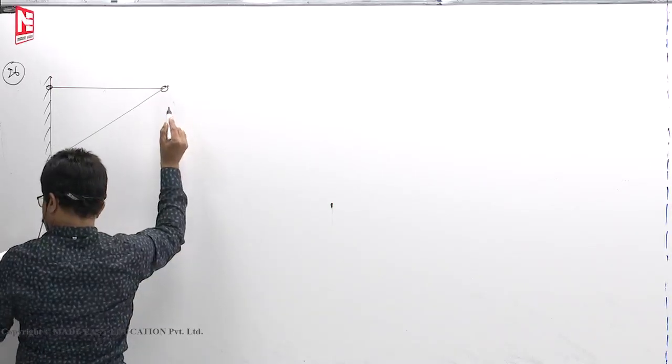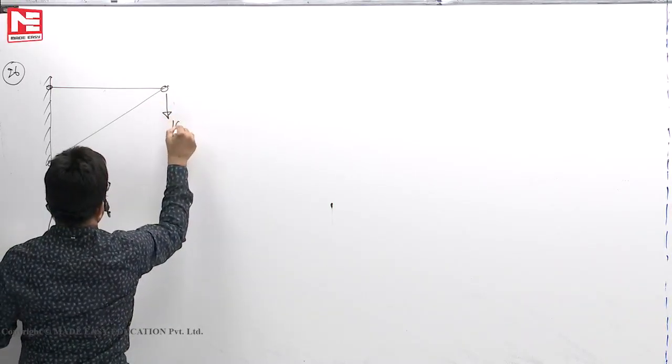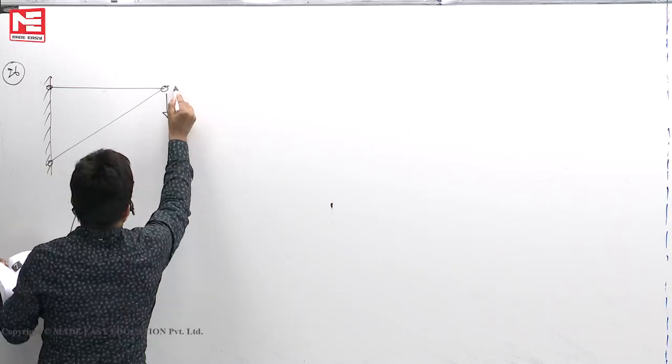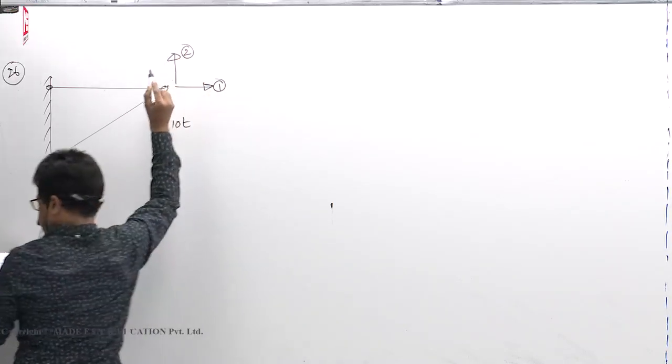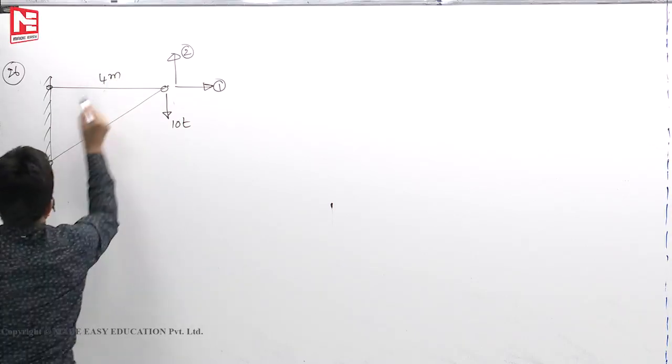This is shown as 10 ton. Some value of the force 10 ton here. This is coordinate 1, coordinate 2. This is 4 meters, 3 meters.